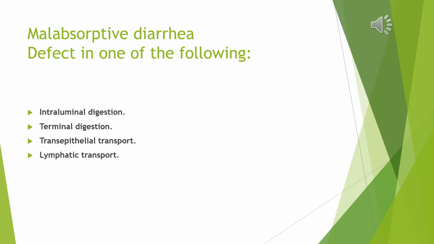The mechanisms by which malabsorptive diarrhea develops are due to a defect in one of the following functions. It is either a defect in the intraluminal digestion of the large nutrient substances like fats, carbohydrates, and proteins, usually as a result of main enzyme deficiencies like pancreatic deficiency. So, a defect in the intraluminal digestion of the large molecules.